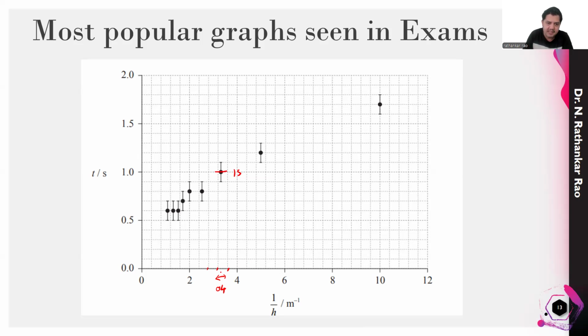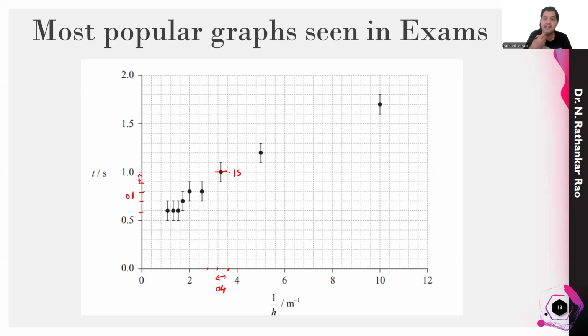So therefore, each part over here represents 0.4 over here, and each part over here represents, what does it represent? 0.5, 0.6, 0.7, 0.8, 0.9, 1. So therefore, this is equal to 0.1 over here. So each part here represents 0.1 seconds. So therefore, now you see the time that you are measuring here is 1 second actually.